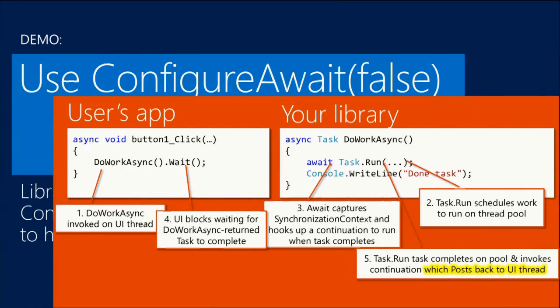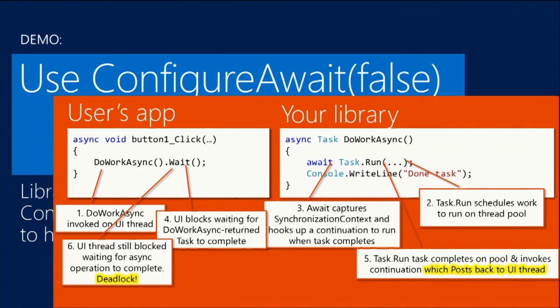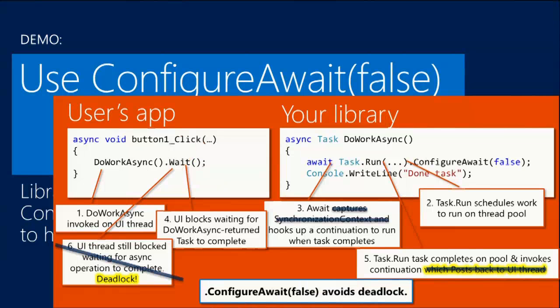If so, that will be a problem, and you should ConfigureAwait(false). And actually, if we stick to doing ConfigureAwait, it's also going to help avoid the deadlock problem we saw earlier.